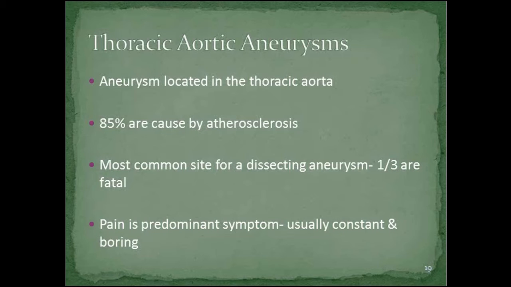The most common site for a dissecting aneurysm is in the thoracic area, and often they are fatal, because if you think about that picture I showed you earlier, where the aortic arch and the balloon pump sits, aneurysms in that area are hard to fix. It's hard to get in there and correct them. And if somebody will remind me in class, I'll go into further detail about how it's fixed.